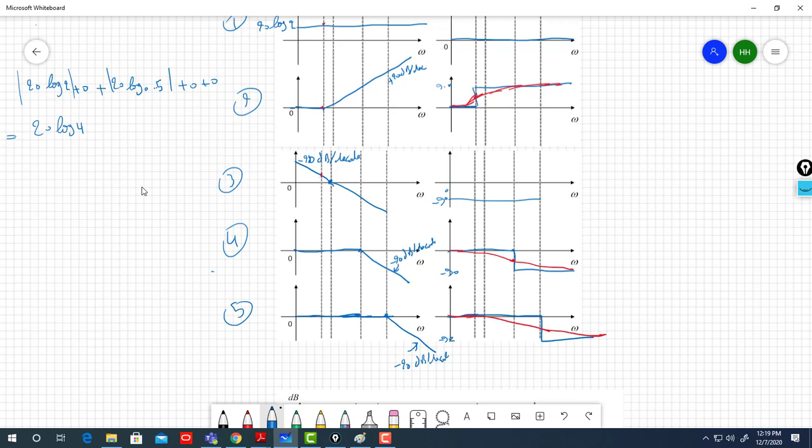You will do the derivation: 0.5 means 1 over 2, so 20 log of 1 minus 20 log of 2 minus 20 log of 2. The absolute value is 20 log of 2, so 20 log of 2 plus 20 log of 2 is 20 log of 4. Then you can compute how much it is. So at 0.5 I have 20 log of 4.